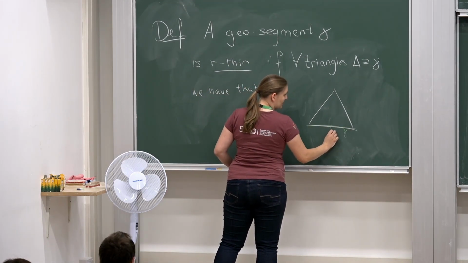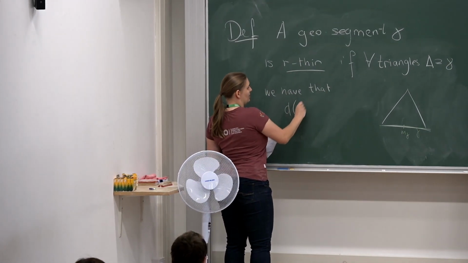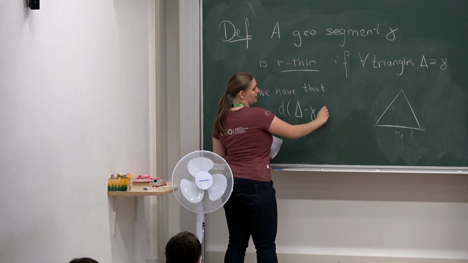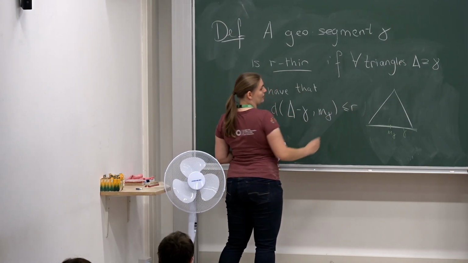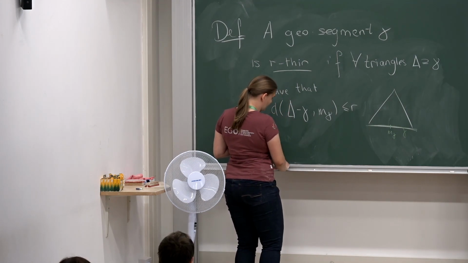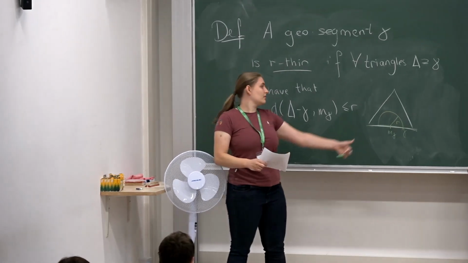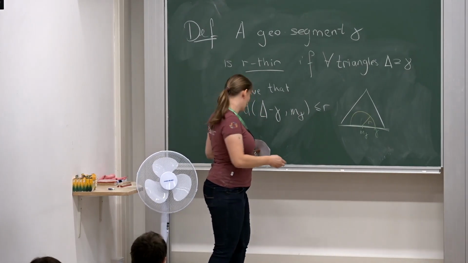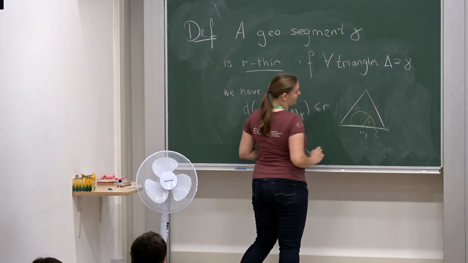So this is gamma and its midpoint, and we want that the distance between the rest of the triangle and the midpoint is at most R. So specifically, we don't want any of those triangles. We want them all to look maybe something like this.